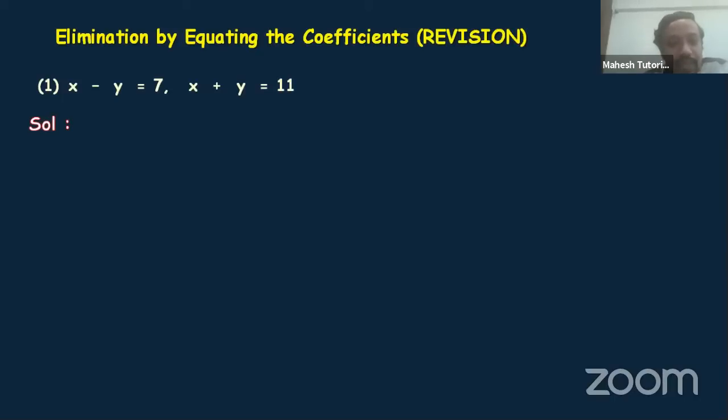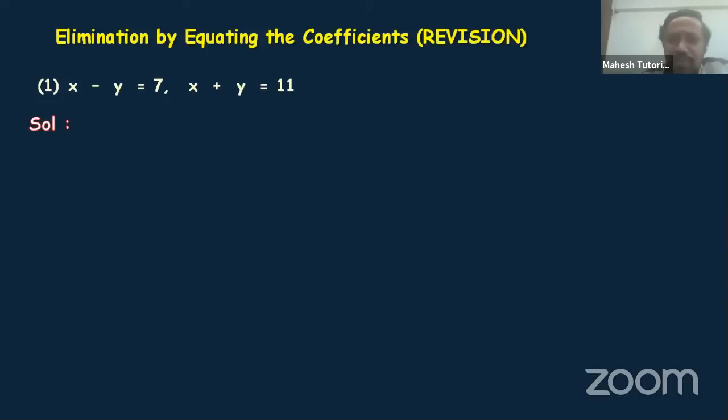Now, students, there are certain basic steps that we need to follow to solve equations by elimination by equating the coefficients. To begin with, the very first step says, check whether the equations are present in their basic form. And if they are present in their basic form, then number the equations.